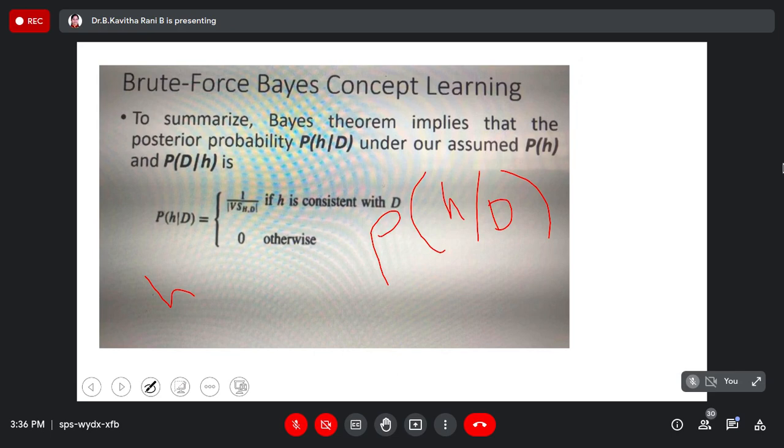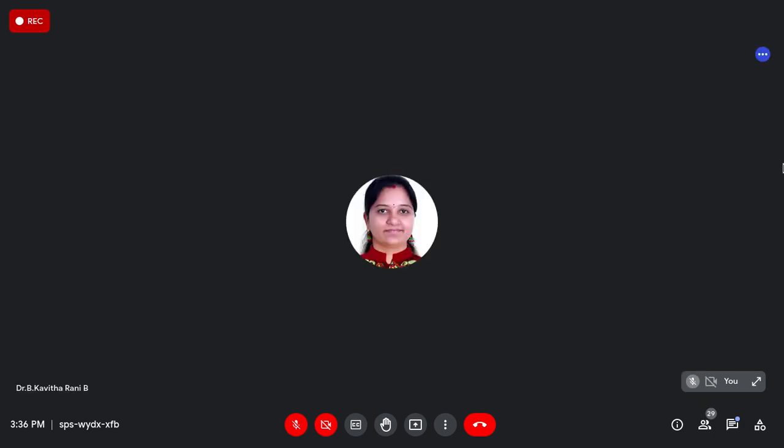If H is not consistent the value is 0, and if H is consistent it is 1. So here we assume H is consistent with the training examples D.